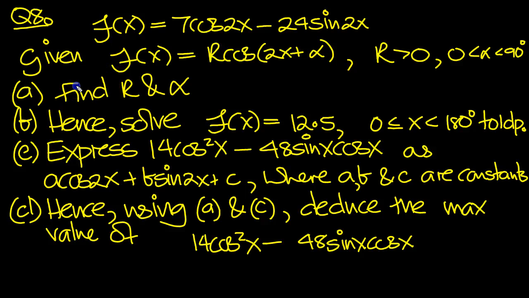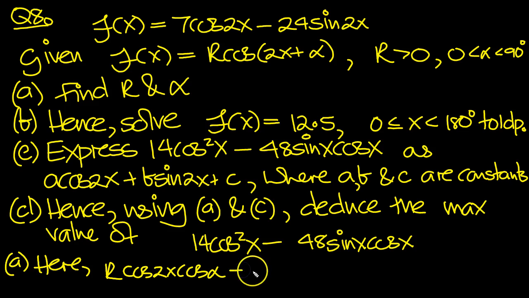So part A, we need to find r and alpha first of all. Well, we've got r, and expand this compound angle: cos cos minus sine sine, isn't it? So it's r lots of that, and it needs to be made equal to 7 cos 2x minus 24 sine 2x.